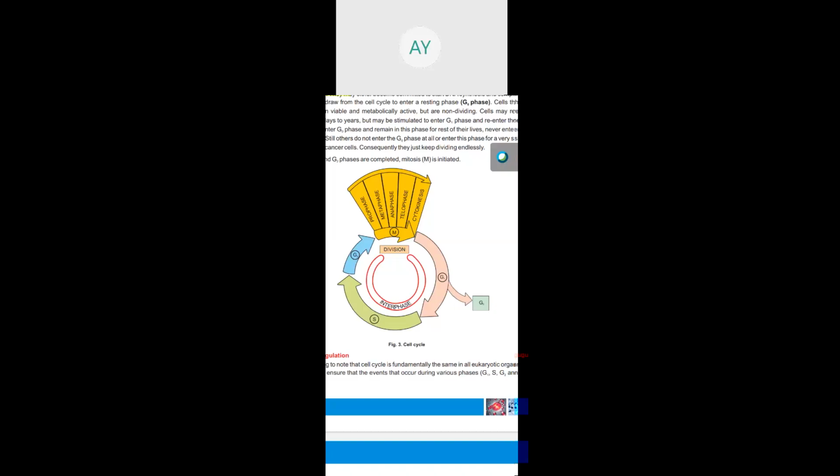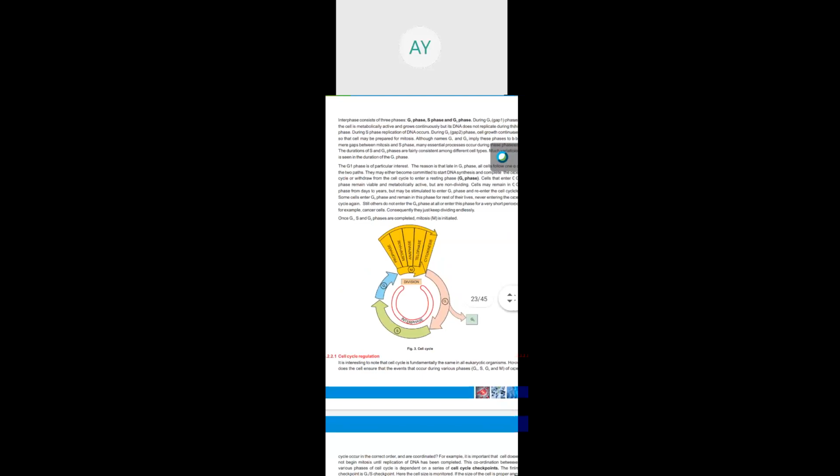So I think it is clear what the cell cycle is. You find the checkpoints in the cell cycle: between G1 and S phase, between S and G2 phase, between G2 and M phase, and at metaphase also.